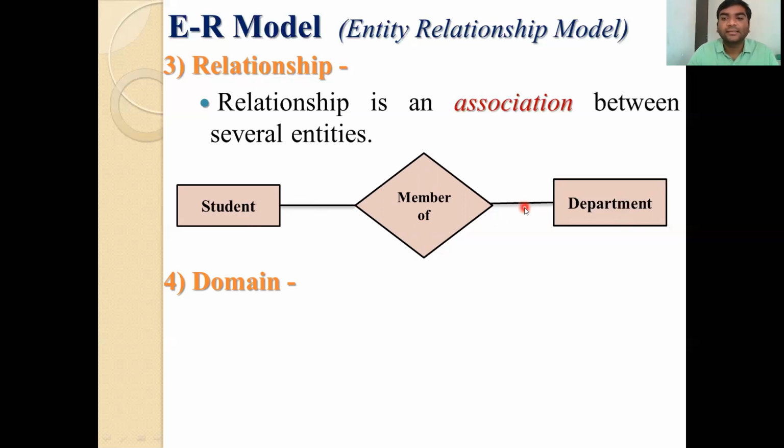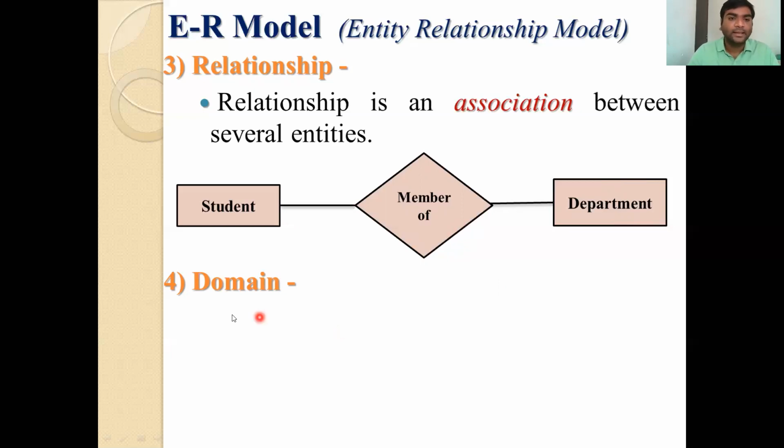So these lines are the association. So student is a member of department. Which department? So the attribute comes: computer engineering department, location. So this is the relationship. Relationship is represented by diamond.